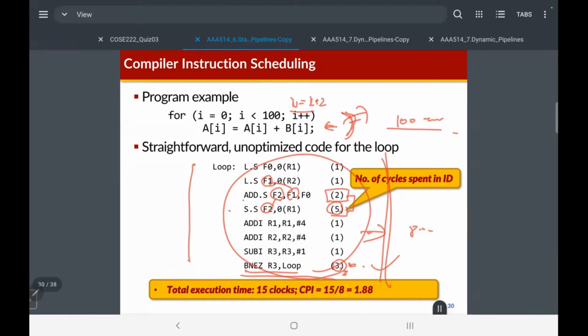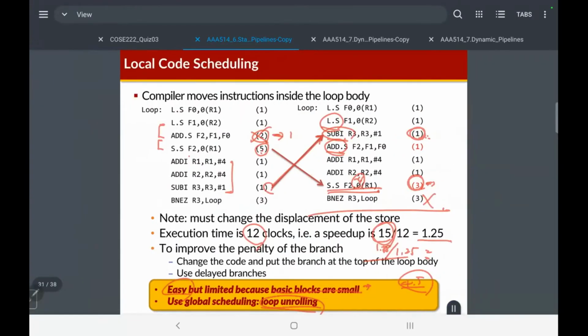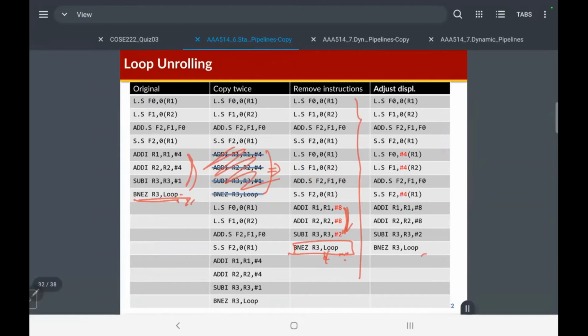If compilers know the number of iterations, then we can apply loop unrolling. The benefit of loop unrolling is that the number of instructions inside of a basic block increases, so we can find appropriate instructions which can be reorganized inside of this new basic block. That is loop unrolling.